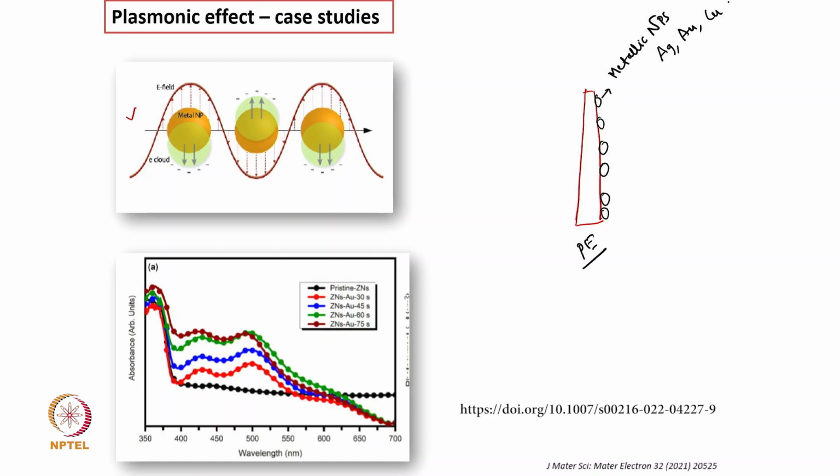So what happens when you have different amounts of nanoparticle loading in the photoelectrode?